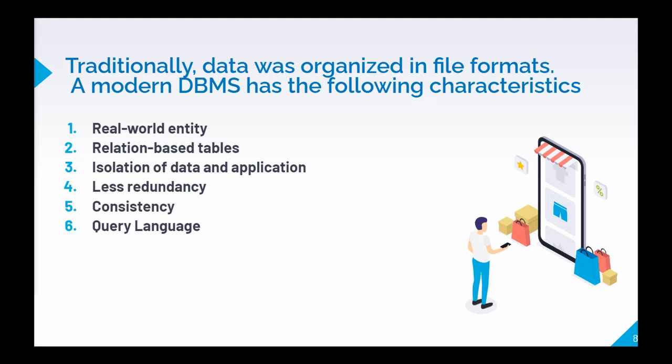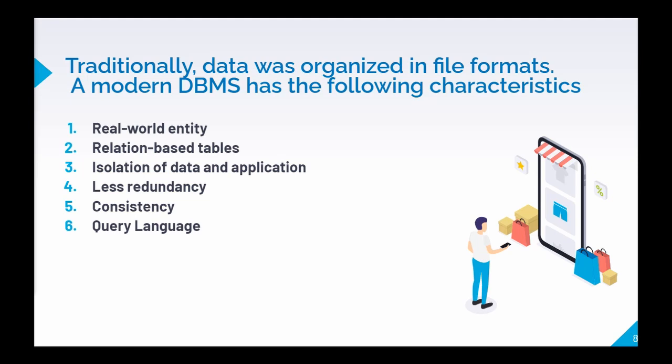Next we have isolation of data and application. A database system is entirely different than its data. A database is an active entity, whereas data is said to be passive. The difference is active and passive, on which the database works and organizes.